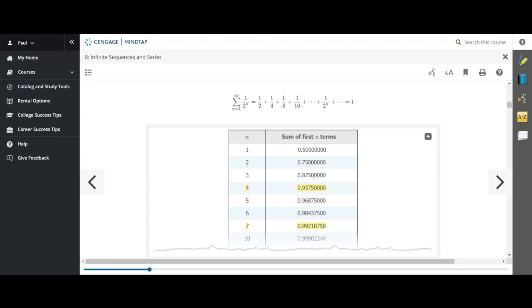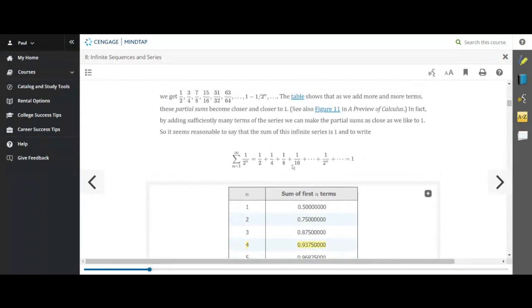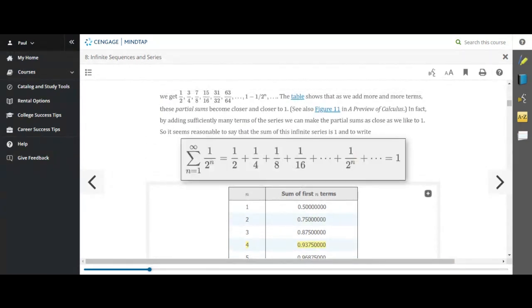What do these partial sums seem to be approaching? They seem to be approaching 1. That's right, Renata. And in fact, if the sequence of partial sums approaches a value, that means the series converges and approaches that finite value. So it turns out that this infinite series equals 1.